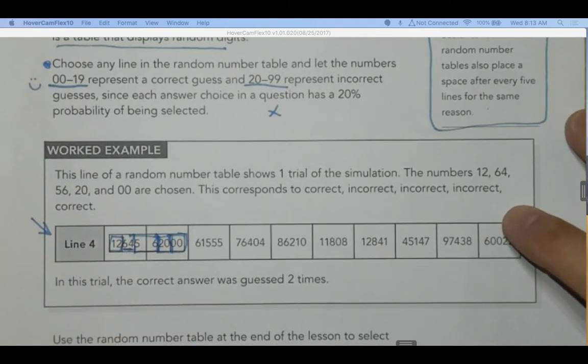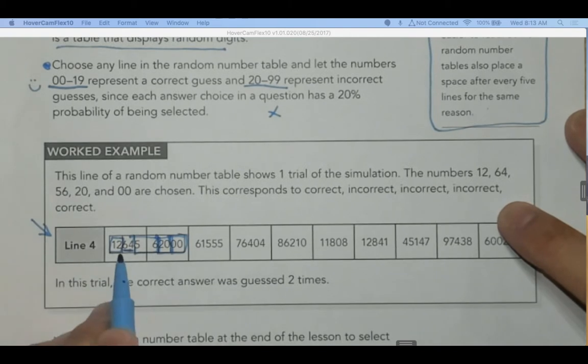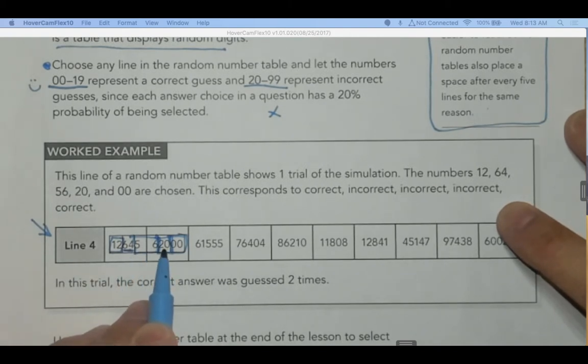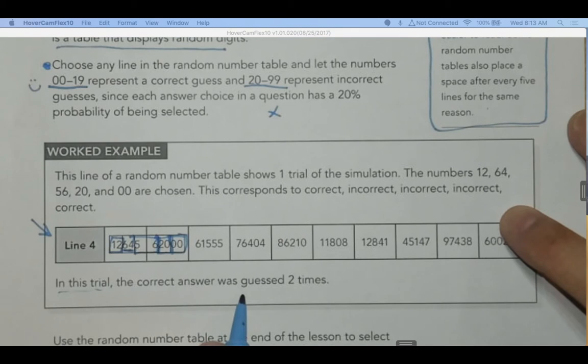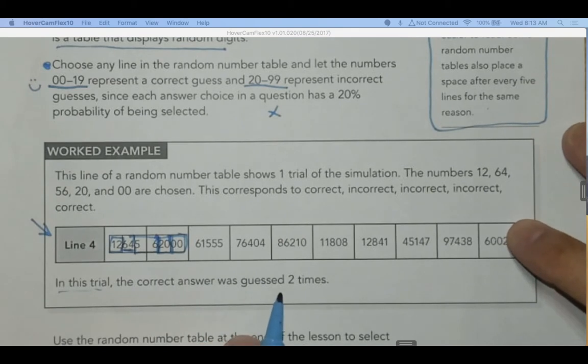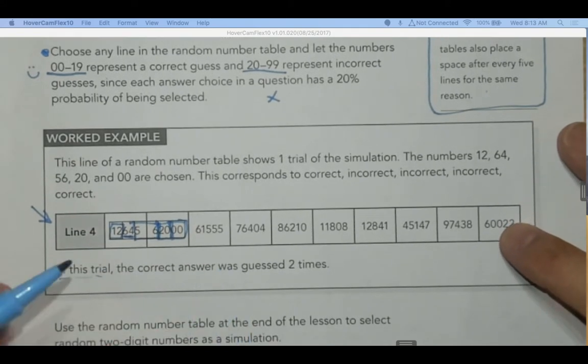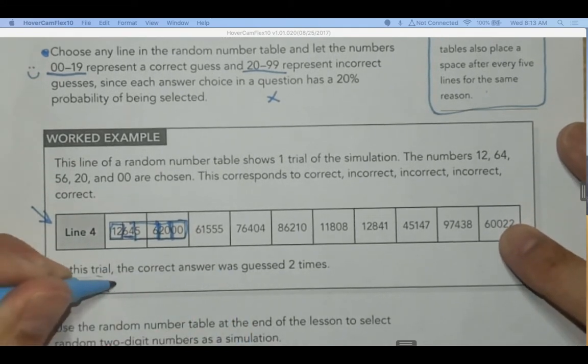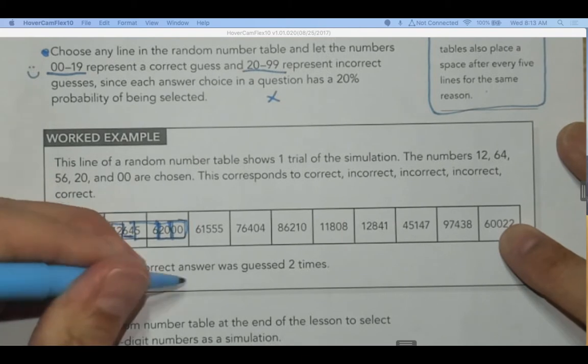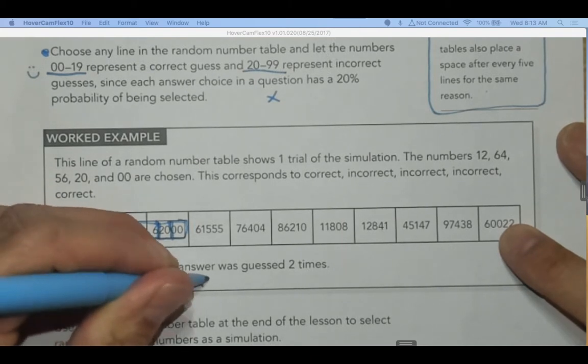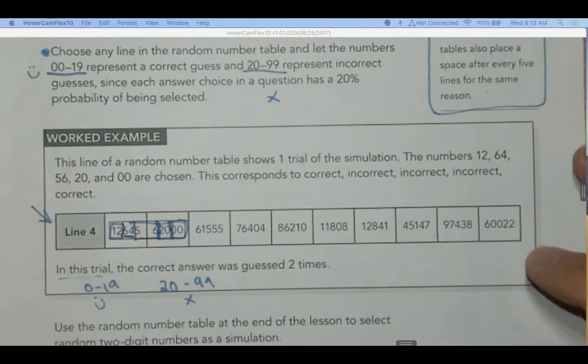This corresponds to correct, incorrect, incorrect, incorrect, and correct. So in this first trial, the correct answer was guessed 2 times. So with the idea that from 0 to 19, it would be a correct answer, and from 20 to 99, it would be an incorrect answer.